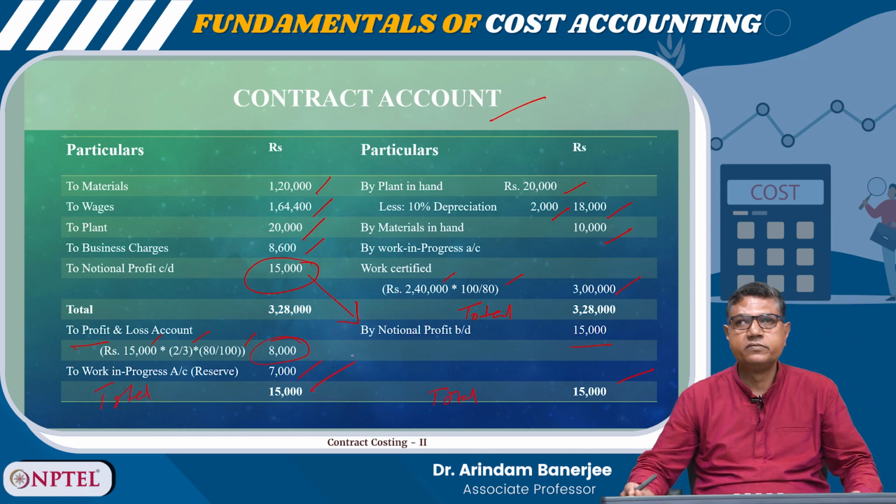As on 31st March 2024, material at site was estimated at rupees 30,000. Machinery at site costing rupees 2 lakh was returned to stores, and wages outstanding were rupees 5,000. Plant and machinery at site is to be depreciated at 5%.